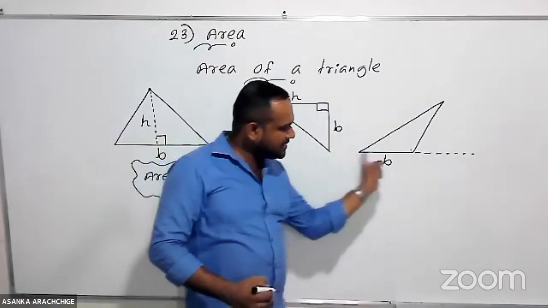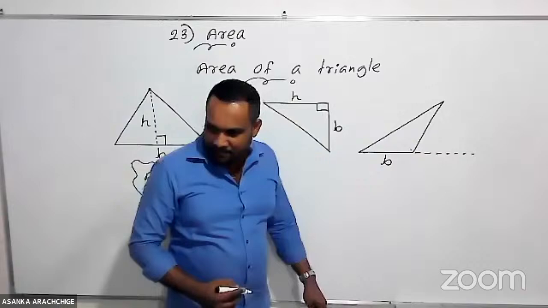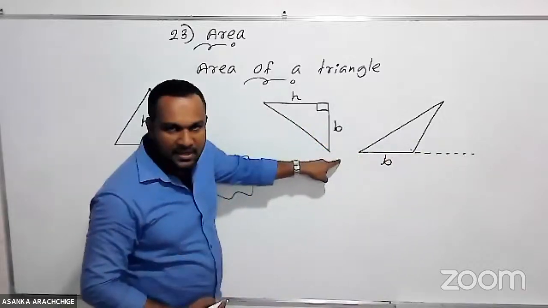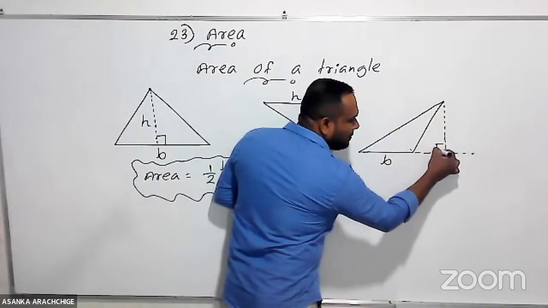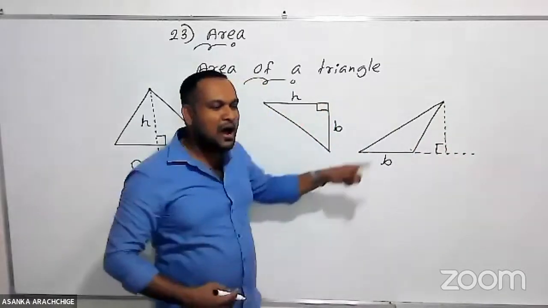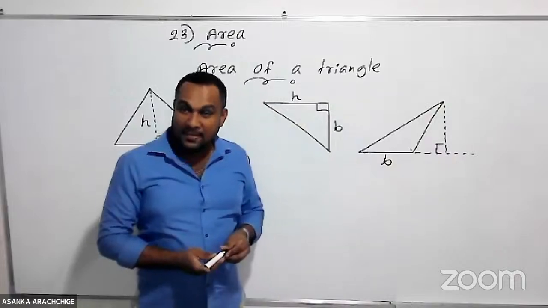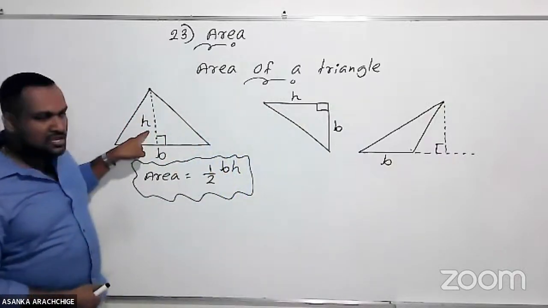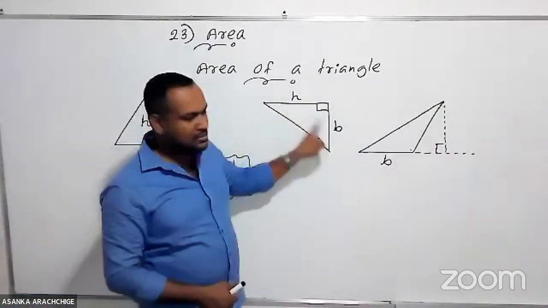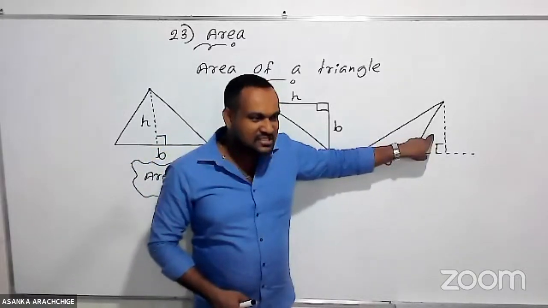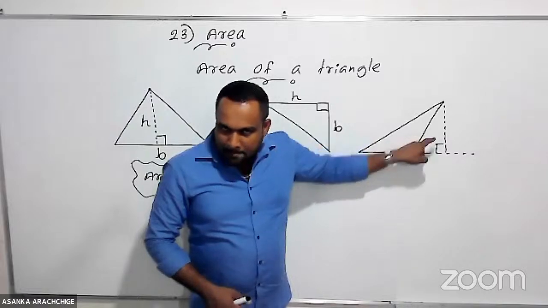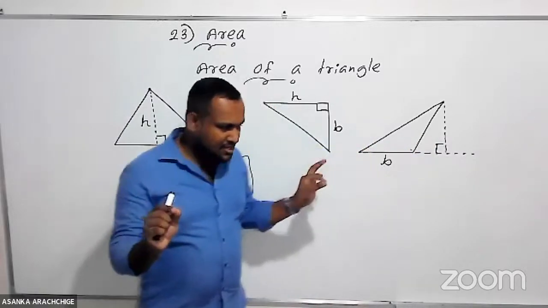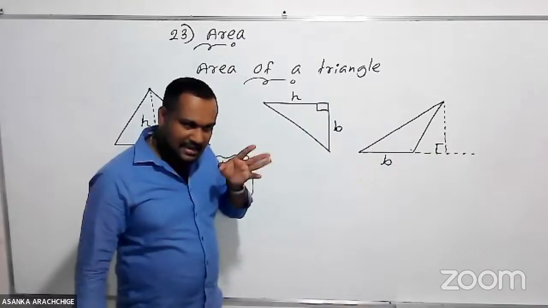Now this is the level of the base and you can draw a perpendicular, but it comes outside the triangle. Not in the triangle, not on the triangle, but outside the triangle. Understood? It does not matter.